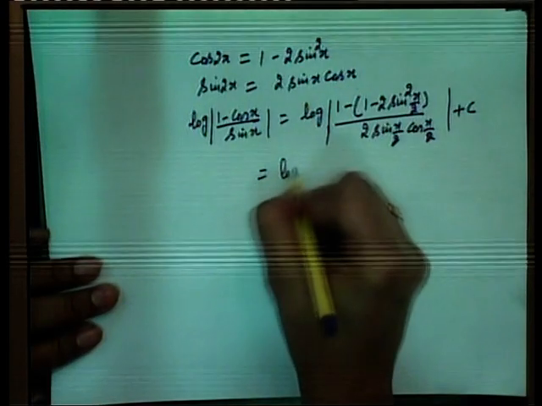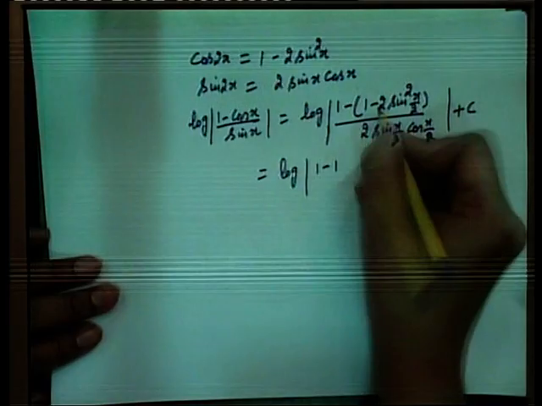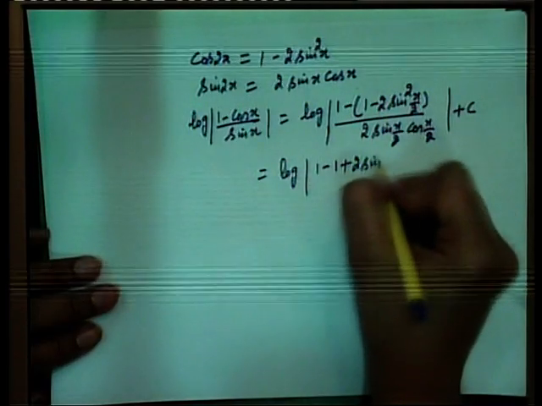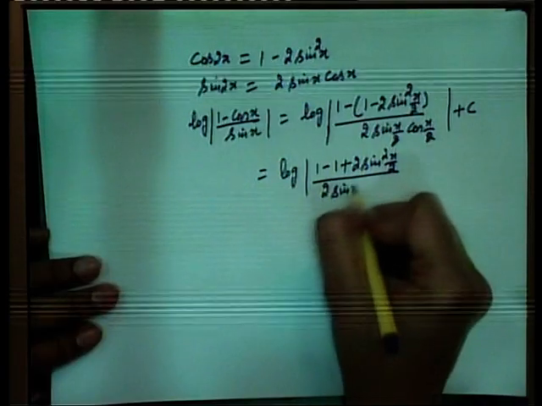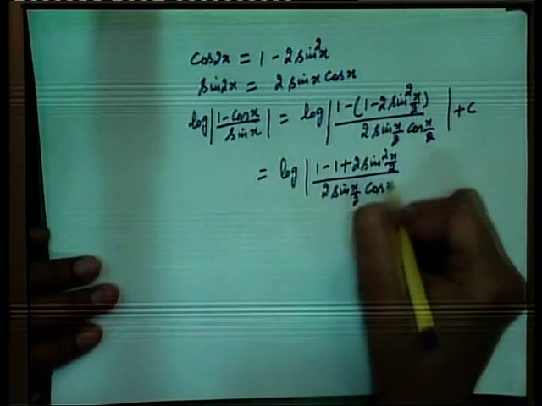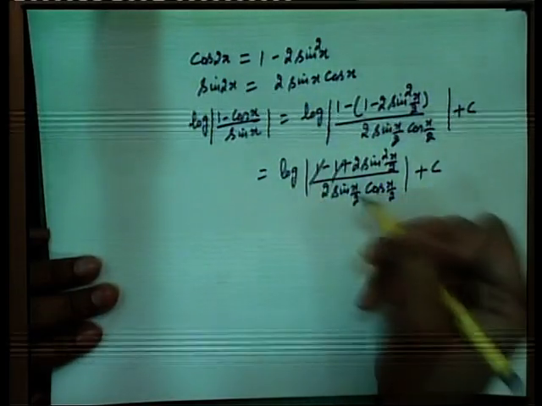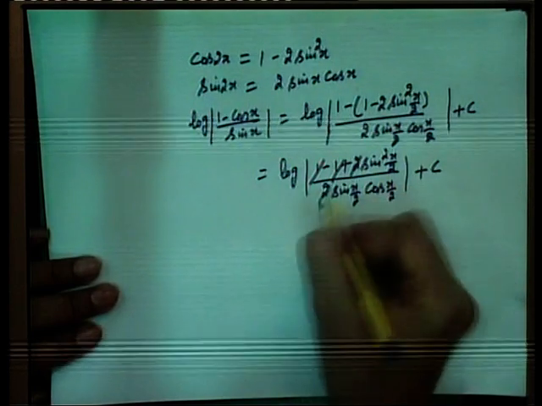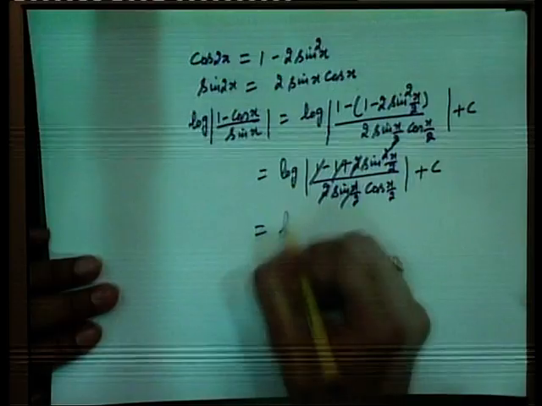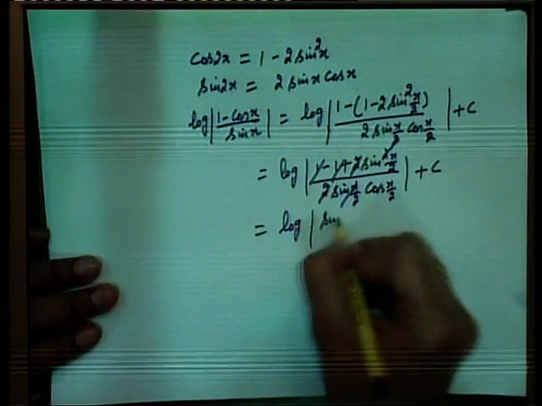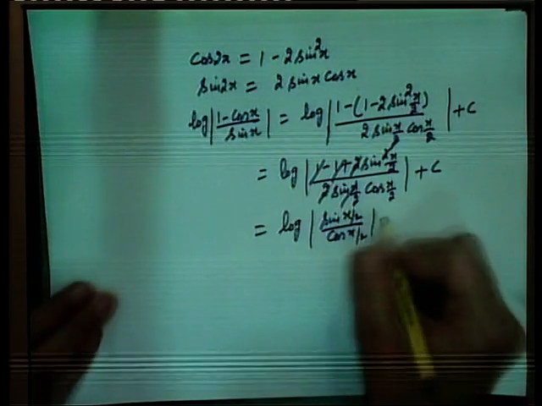This can be written as log 1 minus 1, minus minus becomes plus 2 sin square x by 2, and in the denominator we have 2 sin x by 2 cos x by 2, plus c. Here 1 minus 1 cancels, in the numerator we have 2, in the denominator we have 2, and one sin x by 2 cancels. We are left with log mod of sin x by 2 over cos x by 2 plus c.